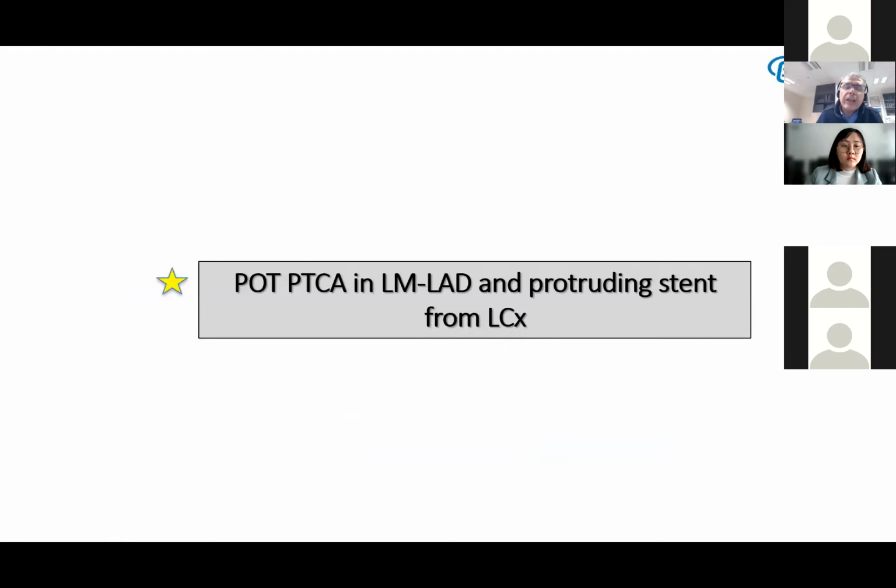And finally, a typical case that sometimes happens in our lab, where I test this short balloon with efficacy in treating the problem that I met during the procedure.